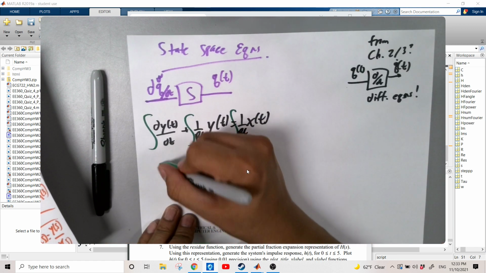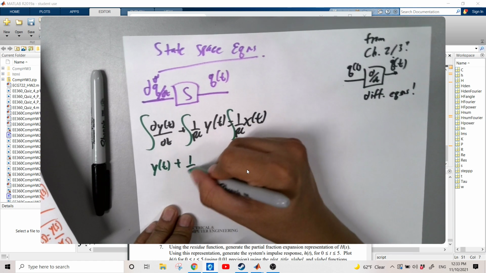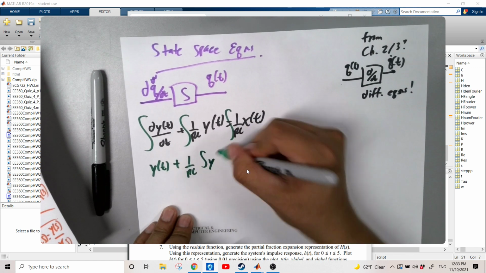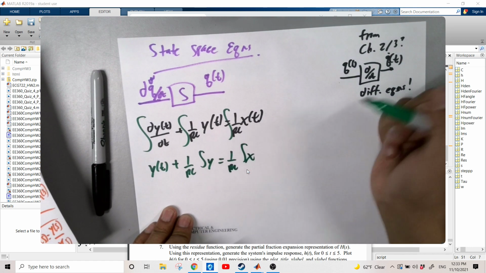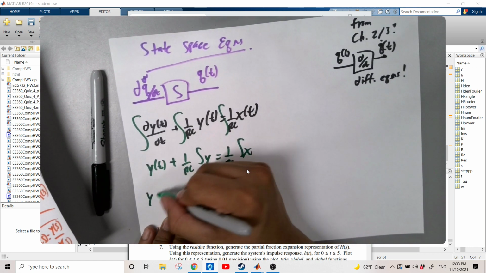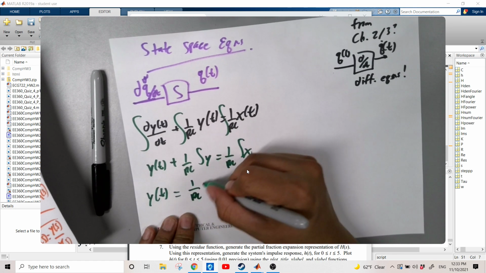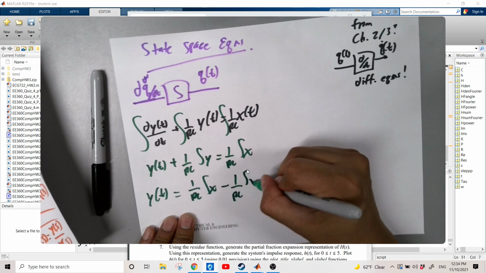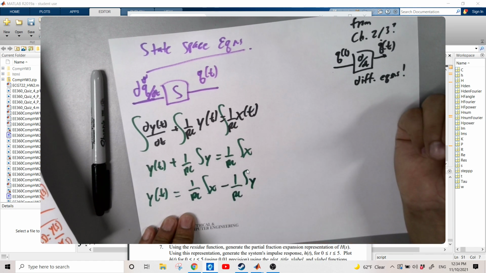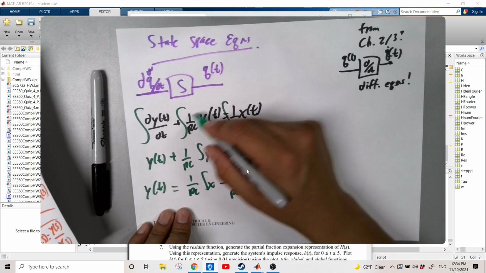Then your final result is y of t plus, I'm going to shorthand this, y, is equal to 1 over RC x. Now solve for your y: 1 over RC x minus 1 over RC y. Cool, right?